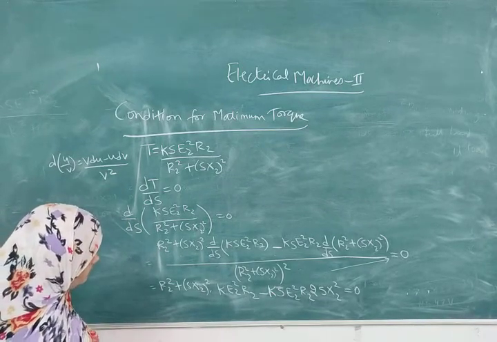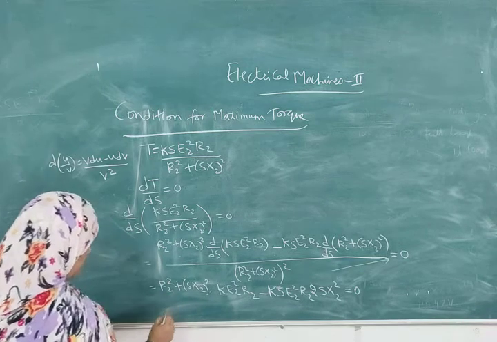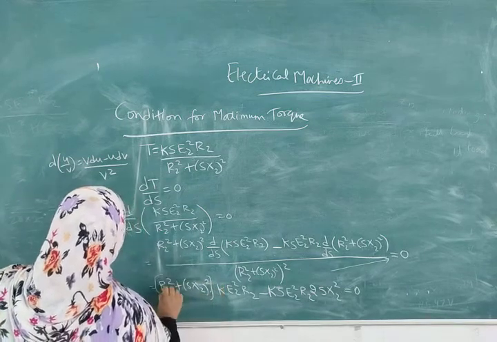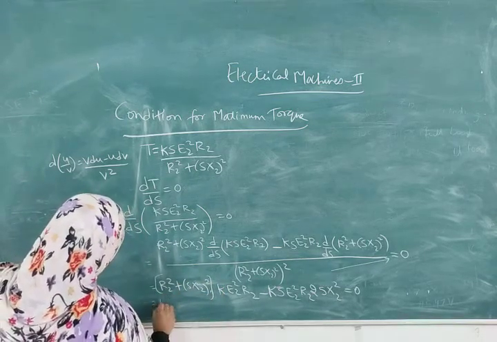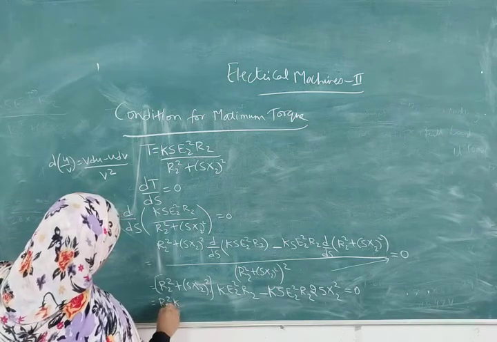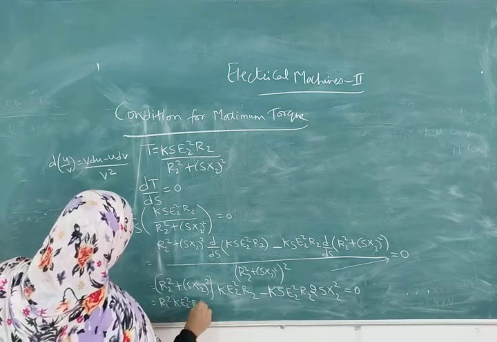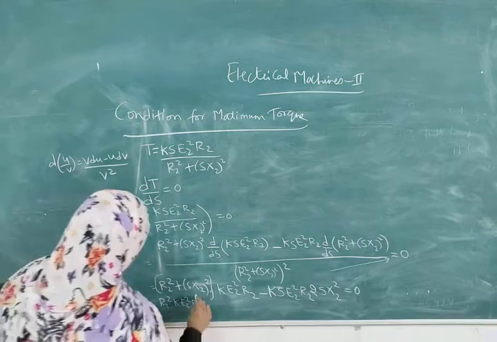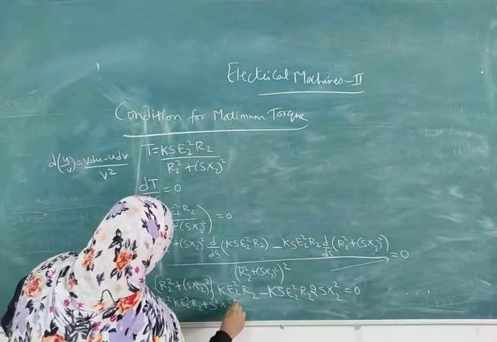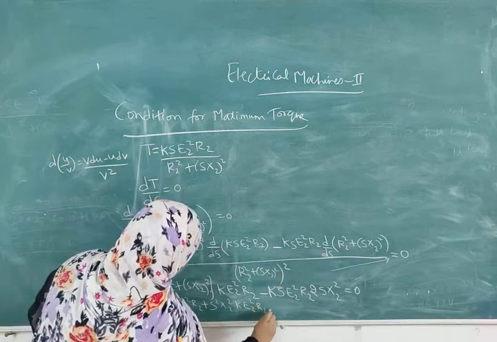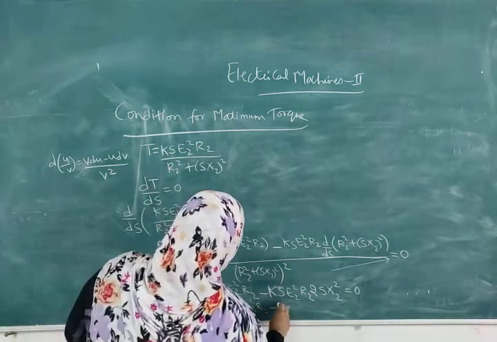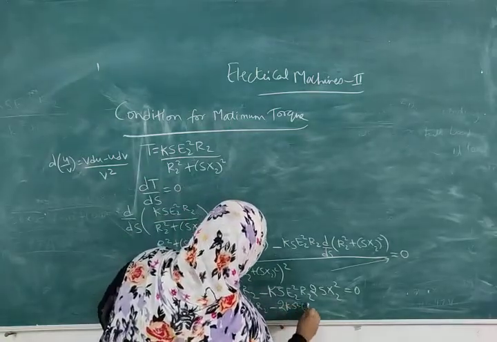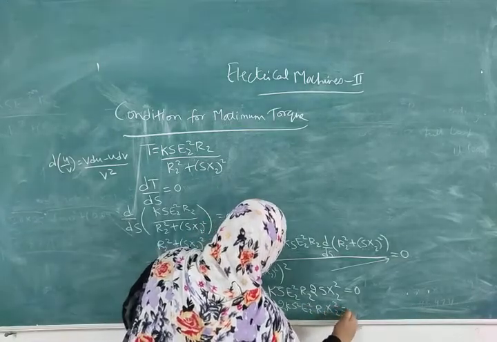So I can split this equation: R2 square K E2 square R2 plus s square x2 square K E2 square R2 minus 2K s square E2 square R2 x2 square equal to 0.